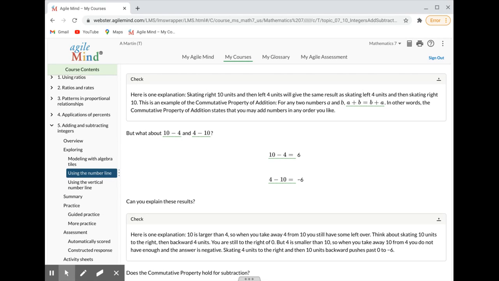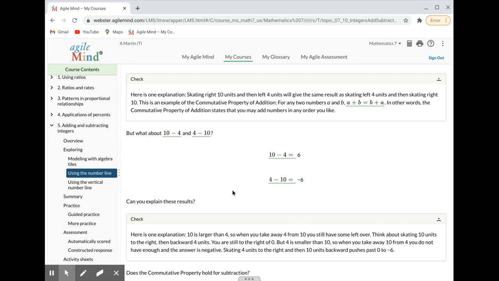But I see what you were trying to explain there. We know that 10 is larger than 4. So when we take 4 away from 10, we're going to have some left over, right? Yes. All right. Well, if we start with 4 and we take 10 away, we're not going to have anything left over. We're actually going to owe. All right. We would be owing for 6. Okay. We would be in debt, just like Devin said.